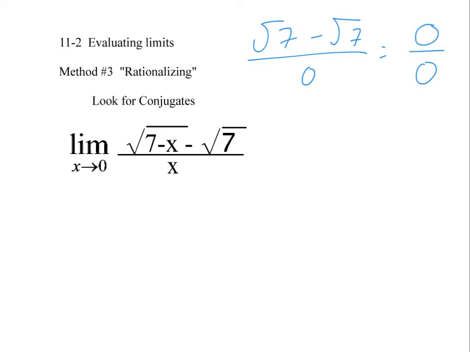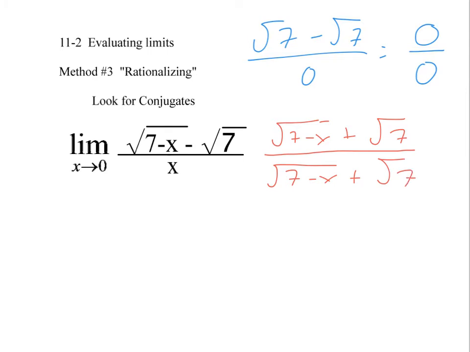I can see a chance to multiply by a conjugate up top. So I'm going to multiply both top and bottom of my function by root 7 minus x plus root 7. Both top and bottom. So that's root 7 minus x plus root 7. Notice now I have conjugates up top. So I have basically a minus b times a plus b, which is a squared minus b squared.